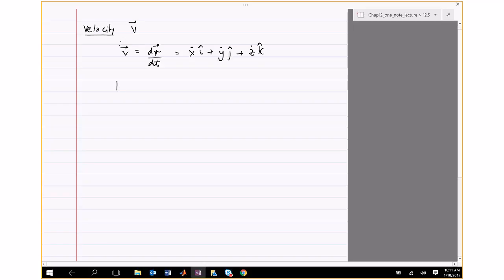The magnitude of dr dt is simply the square root of x dot square plus y dot square plus z dot square.